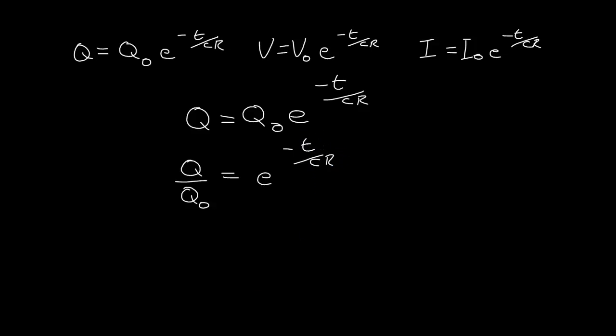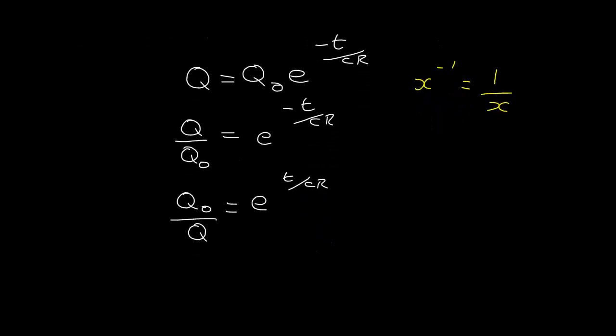And if I just go into a different colour, because we're just going to do a little maths trick, if you've got x to the minus 1, then that is the same as 1 over x. So if I didn't have the minus sign here, then we're going to flip this equation up over here. So that's going to give me Q naught over Q is going to equal e to the t over CR.